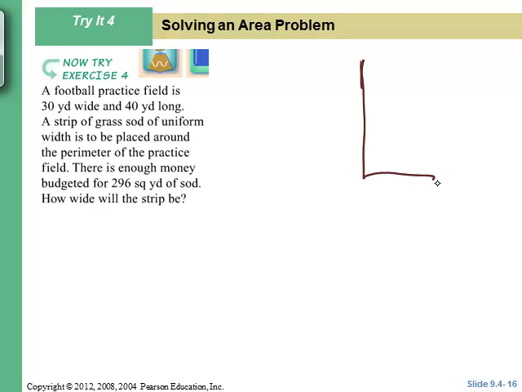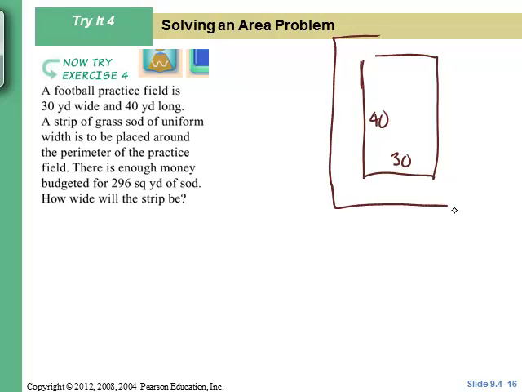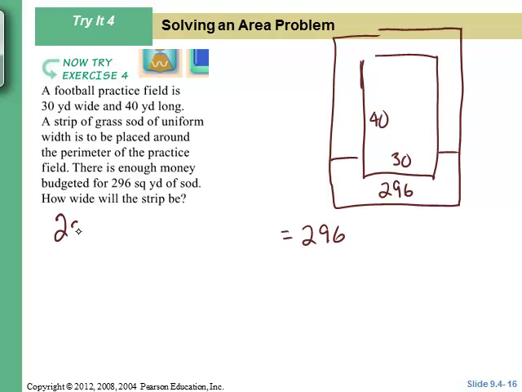Okay, so we've got 30 by 40, and then we've got an area around it. That equals 296. So we're going to have the width is twice the sod plus 30.